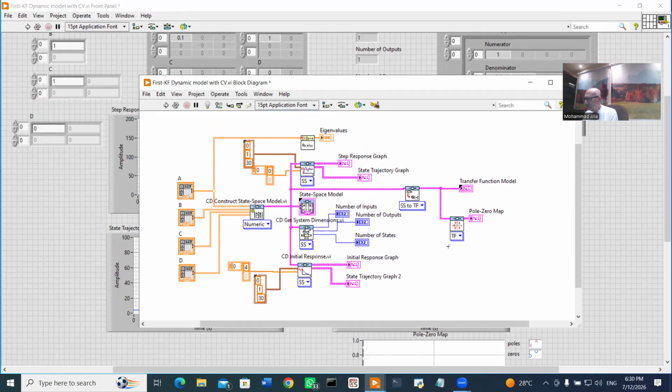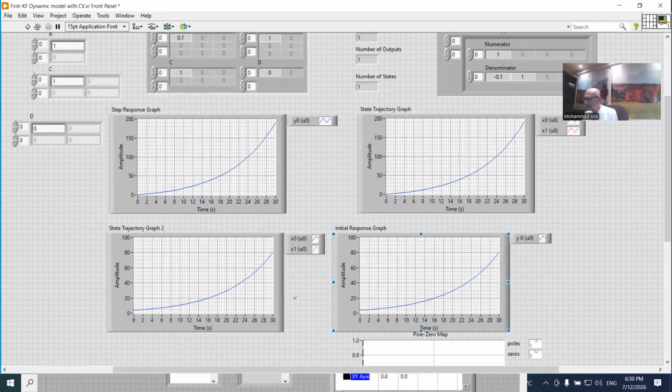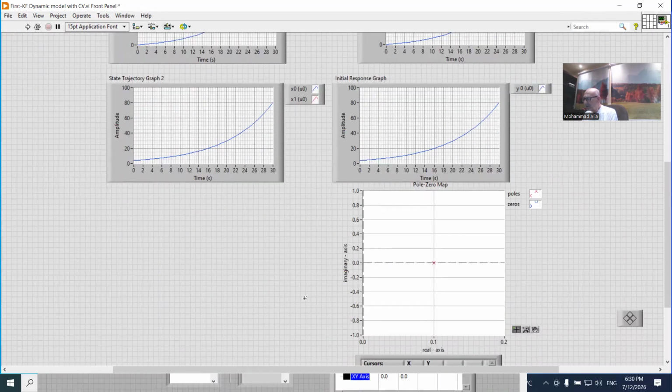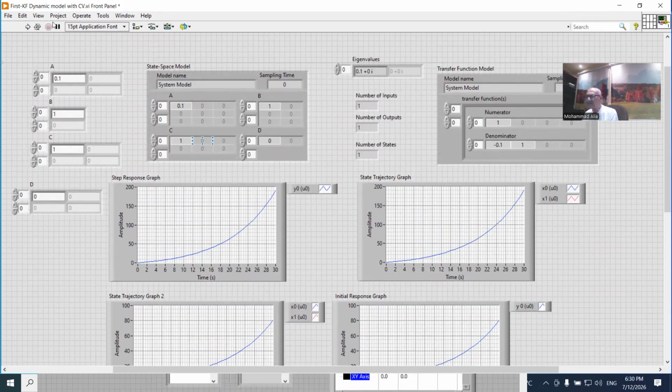If we also go to be sure and check the position of the pole, which we have here, this is the imaginary axis, this is the real axis. It lies on the real axis at a distance of 0.1. This is positive, which means that the system also is unstable.